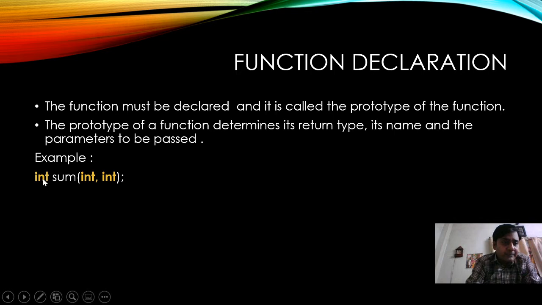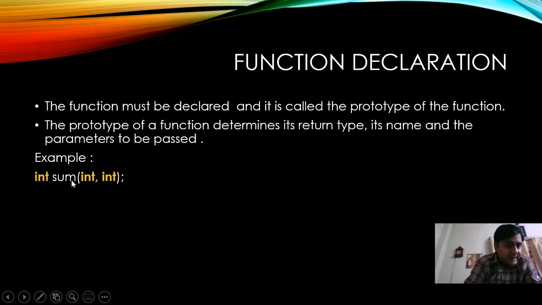Now what should be the prototype of the function? That is nothing but a function declaration. Through function declaration we declare how a function should behave throughout the program. What its return type should be is given here: in the given function our return type is int. The name of the function should be similar to the type of work it is doing.